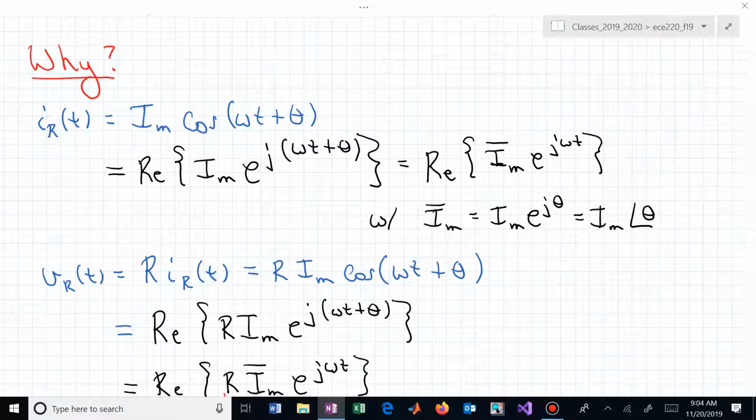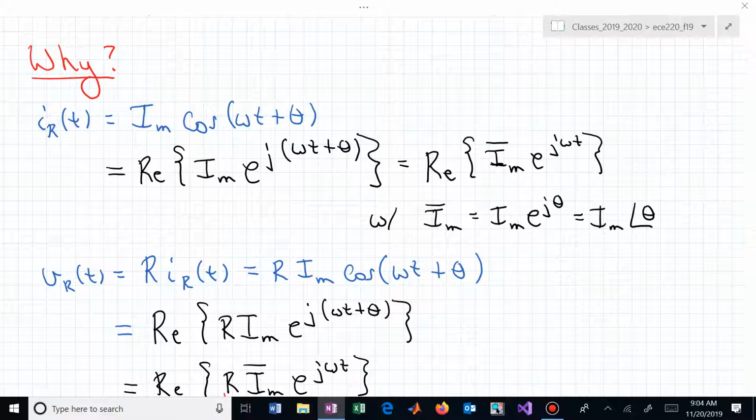So that i is also the real part of I sub m, the magnitude of the current, e to the j omega t plus theta. We can split apart that complex exponential into a time-varying piece, e to the j omega t, and a time-invariant piece, e to the j theta.